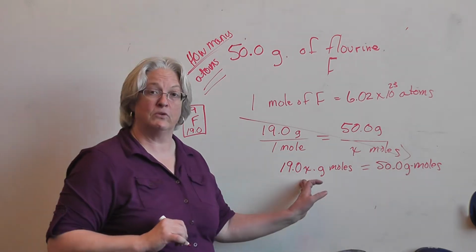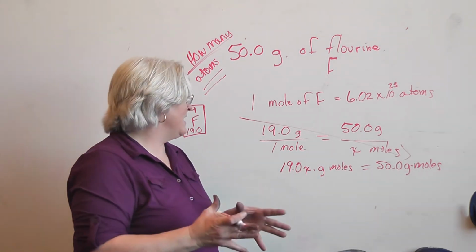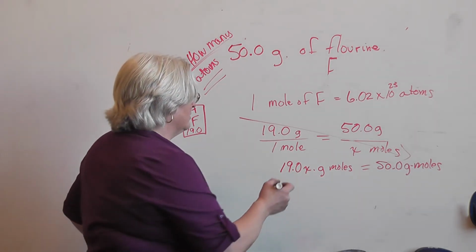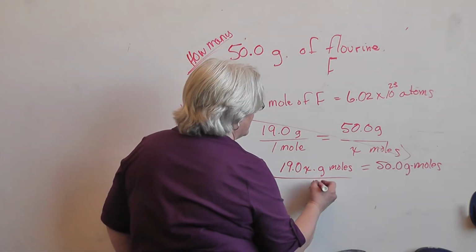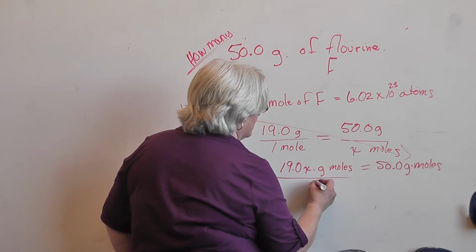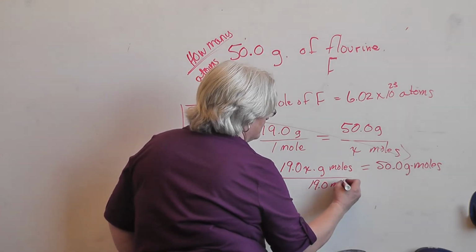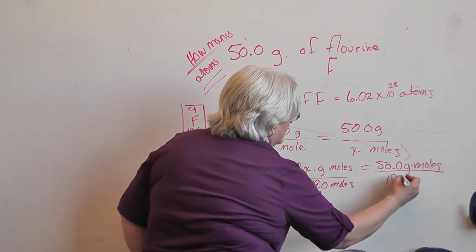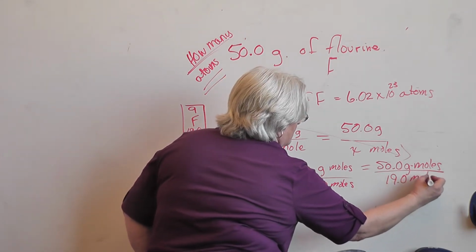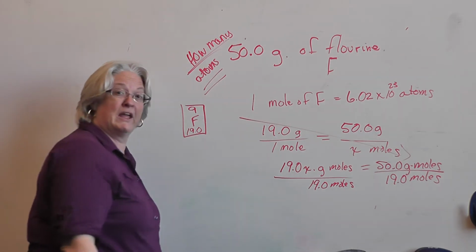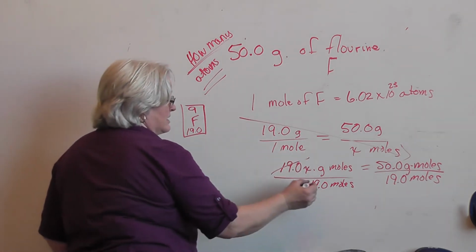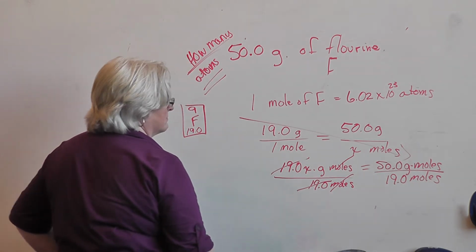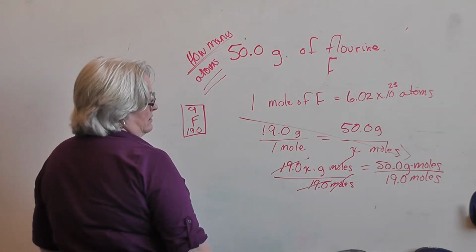What are we solving for? We're solving for x grams. We want to find out how many grams. So we're going to divide this side of the equation by 19.0 moles, and divide the other side by 19.0 moles. The 19s cancel, moles cancel.